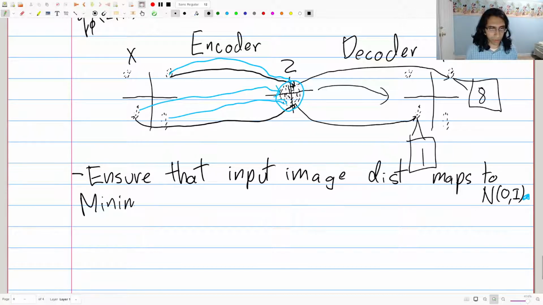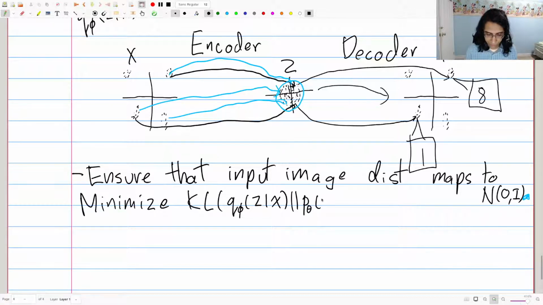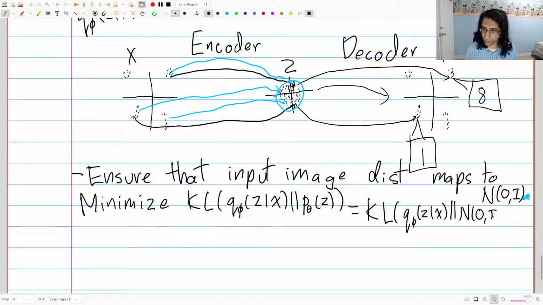The way we do this more mathematically is we minimize what is known as the KL divergence, which I mentioned in a previous lecture, between q phi of z given x with respect to p theta of z, which is equal to the KL of q phi of z given x with respect to N(0, I). So what am I saying here?